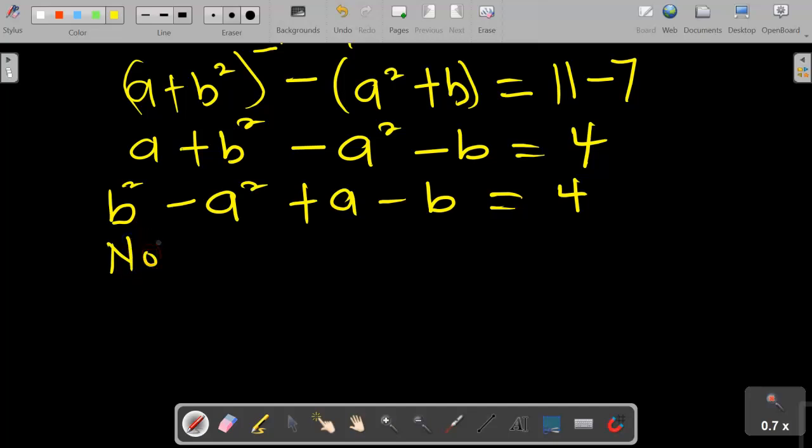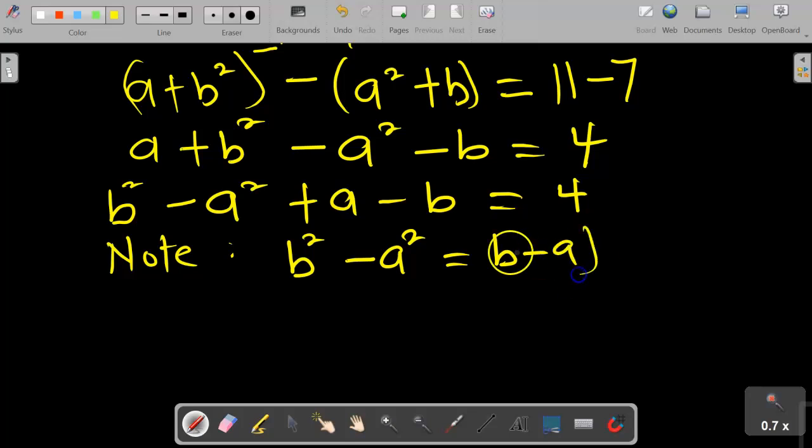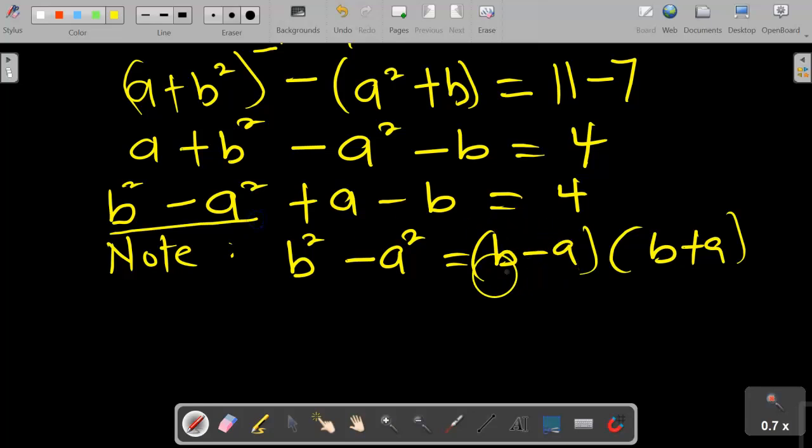But we know that b squared minus a squared will be b minus a, then b plus a, the difference of 2 squares. So this is going to be replaced by this.